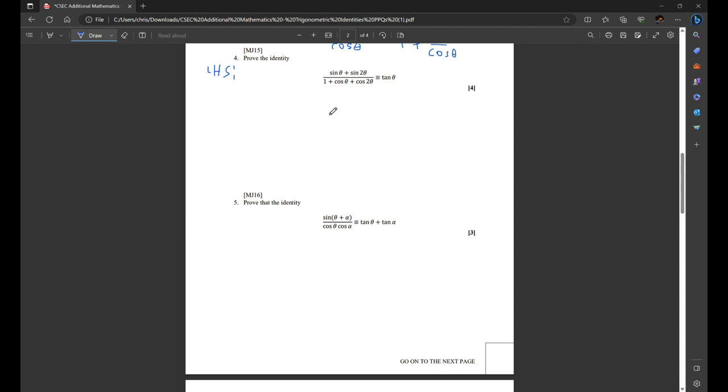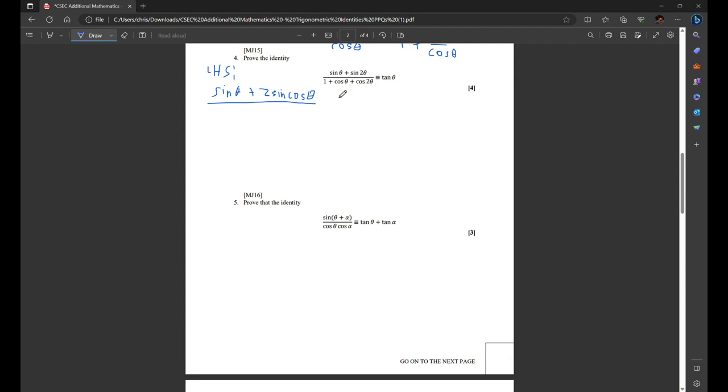I'm going to be very careful about which identity I choose for the cos 2 theta. For the sine 2 theta, I only have one, which is just 2 sine theta cos theta. That's the only one I have for that, so that's all I can do to rewrite this. But that's fine. We can leave that numerator for now.